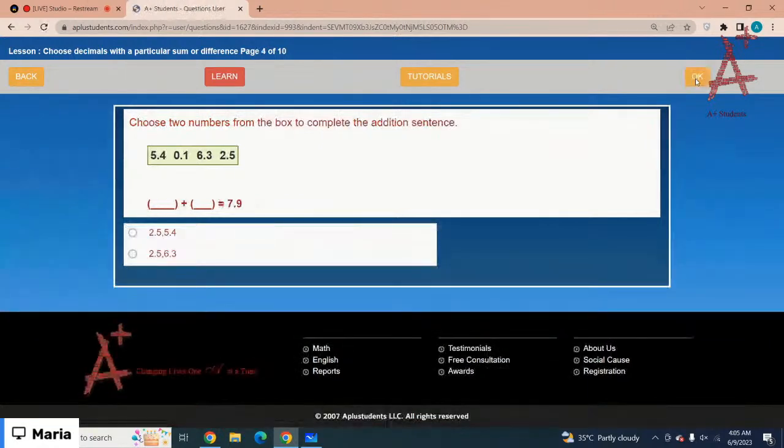Okay, the next one is choose two numbers from the box to complete this addition sentence. You have to find two numbers whose sum equals 7.9. So which is the correct option? Option 1 or option 2?